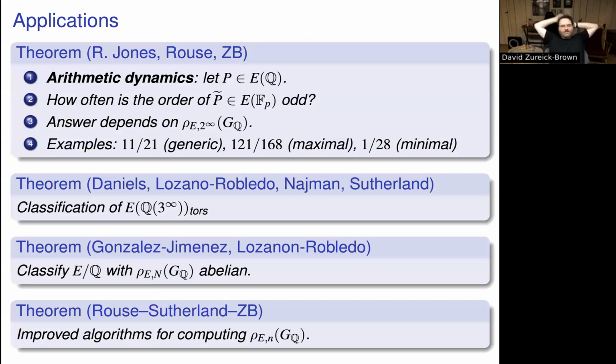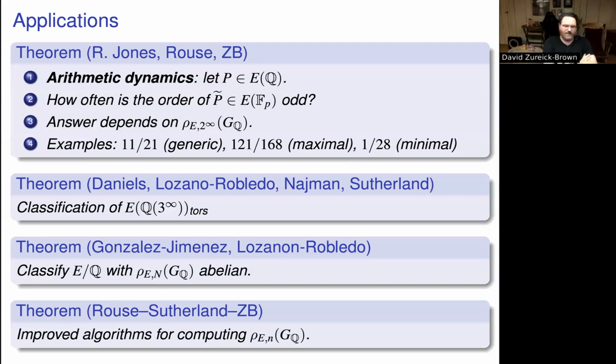Here are some applications. The only shade I ever have to throw at my good friend Jeremy is that when we started the original version of this project, just looking at 2-adic instead of all l-adic, he never told me his original motivation. And so we submitted to Compositio and they wrote us back and said, "Oh, it's a good paper, but it'd be good if we had some motivation."